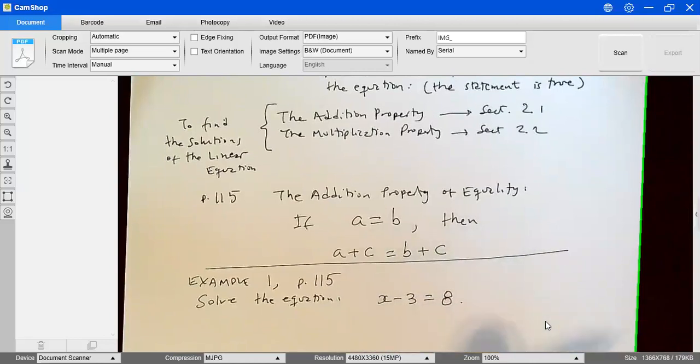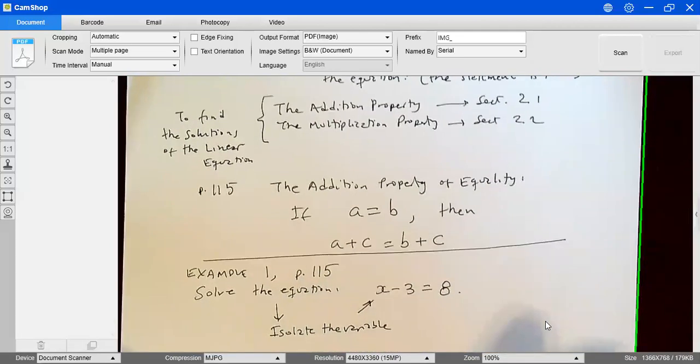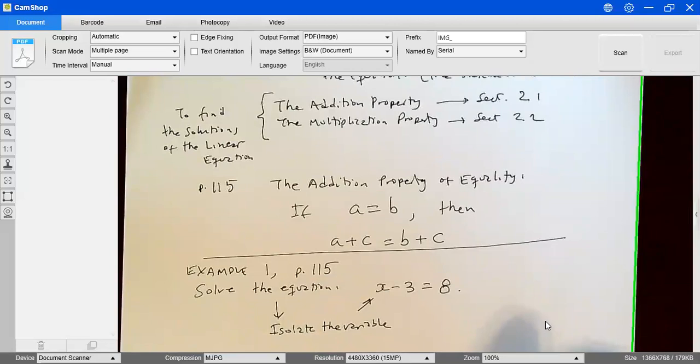So how do you proceed? We're going to apply the addition property of equality. The purpose of applying that property is that we want to isolate. To solve the equation, we need to isolate the variable. We want to have the variable on one side of the equation and the other numbers on the other side.